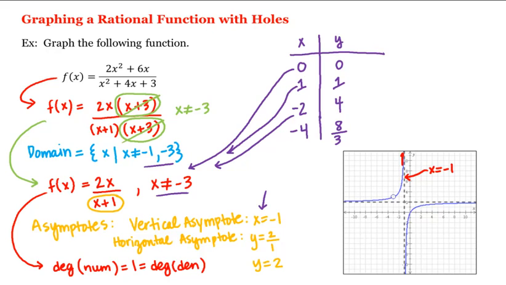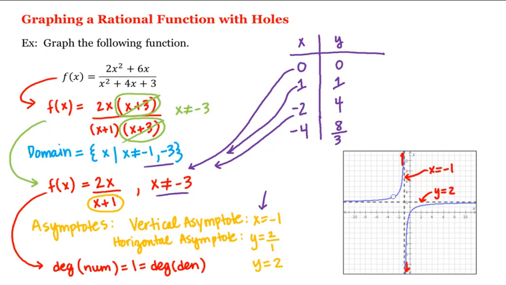And as x goes to -1 from the right-hand side, f will decrease without bound. And here is our horizontal asymptote, y is equal to 2. And notice as x increases and decreases without bound, f starts to behave like this line.